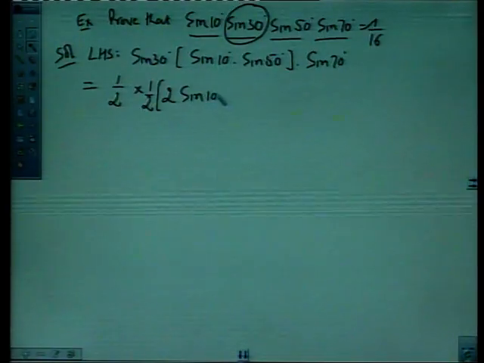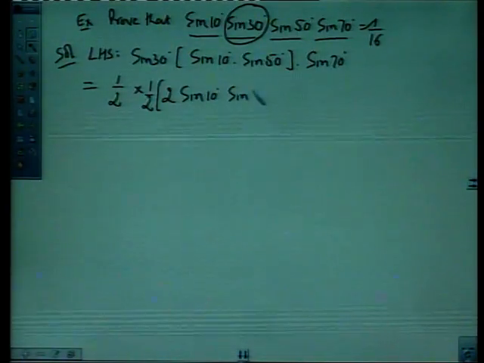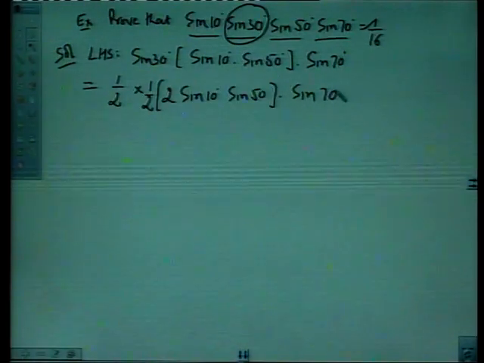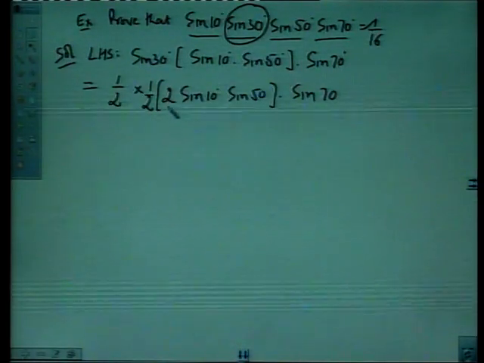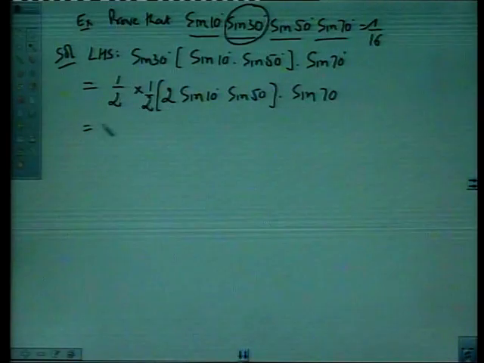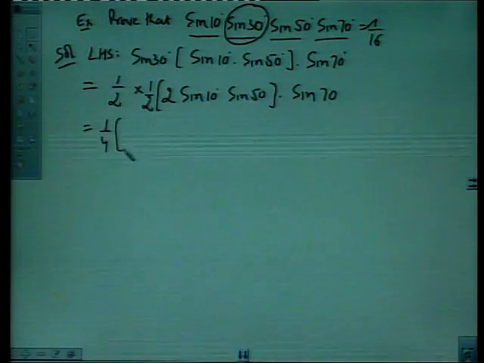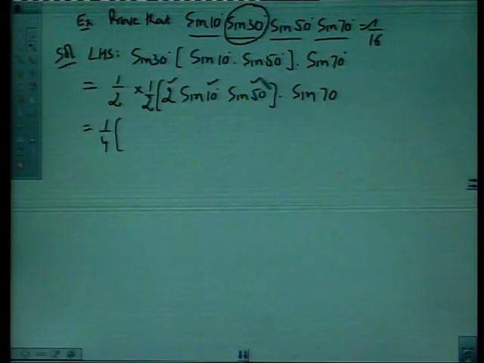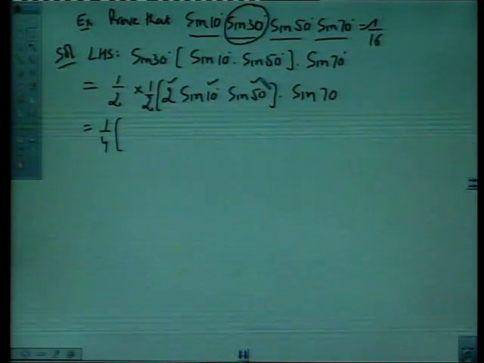Sine 10 degree into sine 50 degree into sine 70 degree. We multiply and divide by 2, so the net result is the same. So it becomes 1 by 4. It is like 2 sine A sine B. What is the formula for 2 sine A sine B?